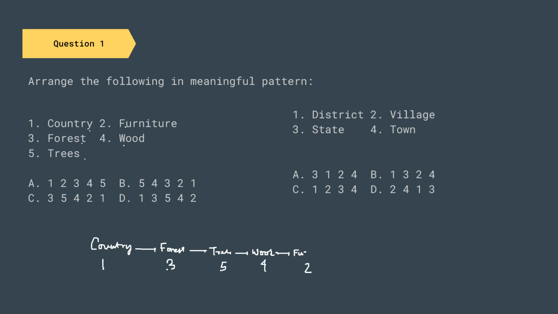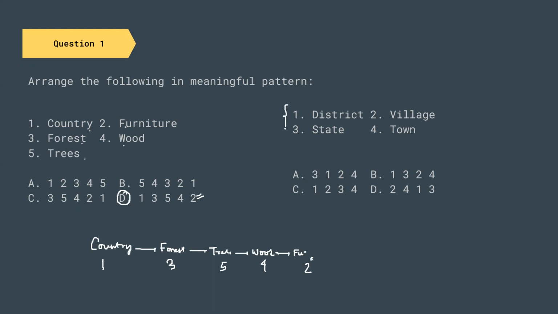So 1, 3, 5, 4, 2. So this is our option number D and it is present in our question. So this is our correct order. Country contains forest, forest contains trees, trees contain wood, and wood is used to make furniture. So this is our logical and one of the meaningful patterns.